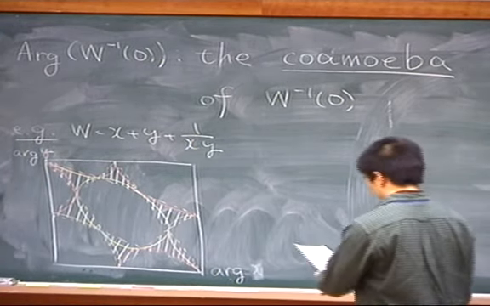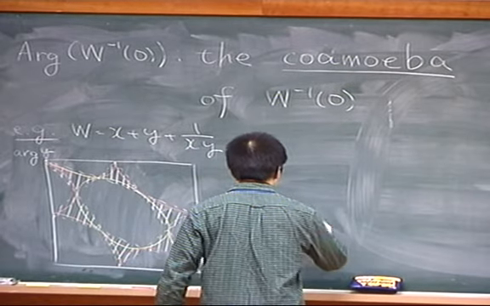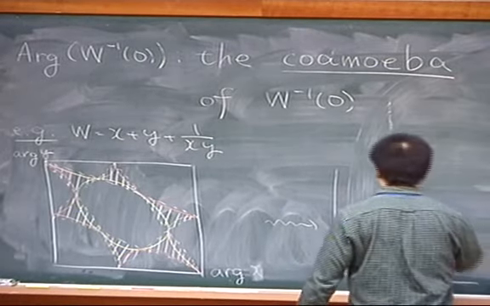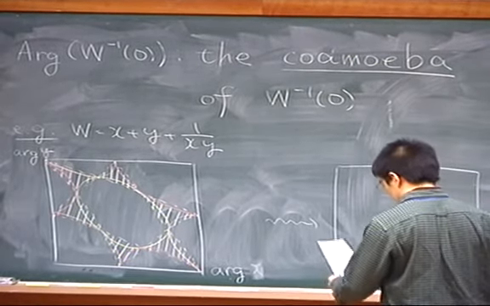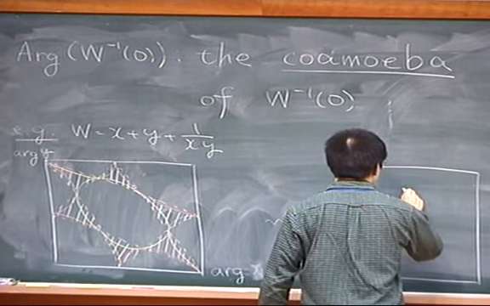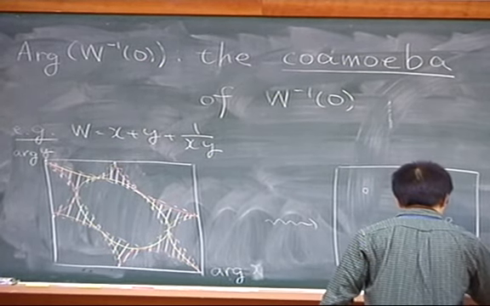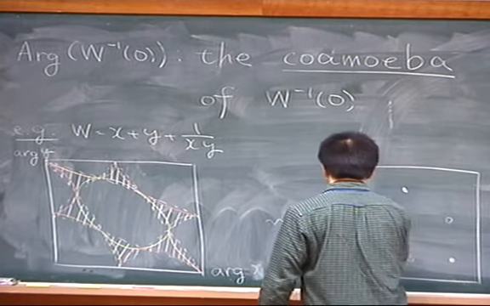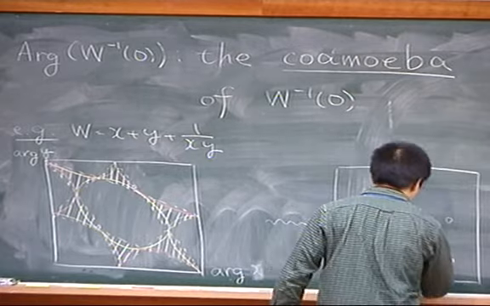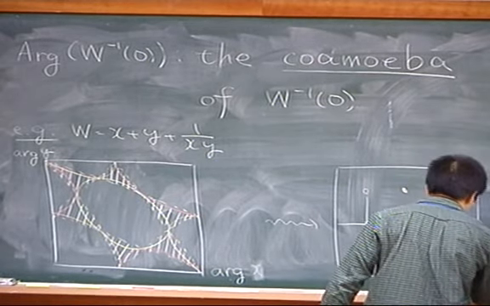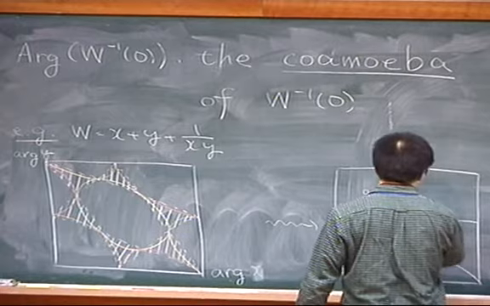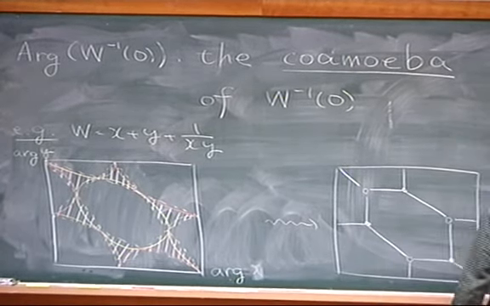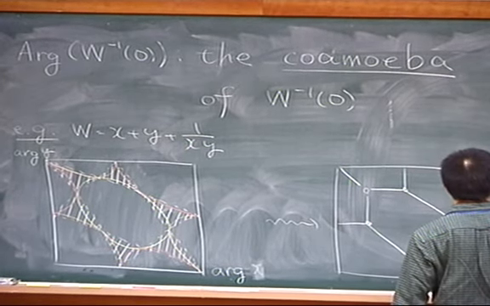And so from here we get this picture as a schematic description of the behavior of vanishing cycles by the argument map. And let me call this the tropical coamoeba.